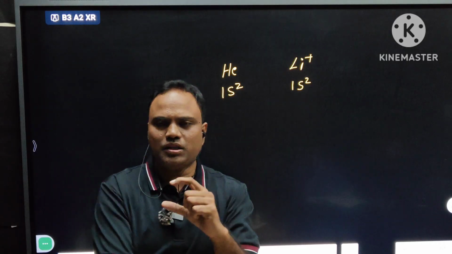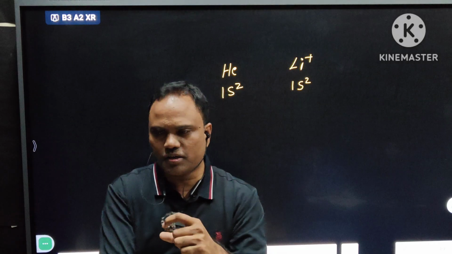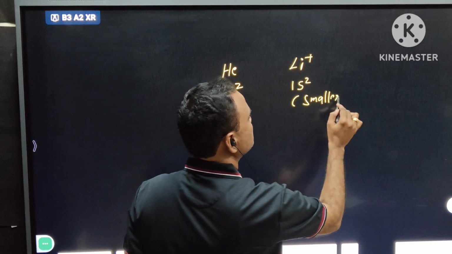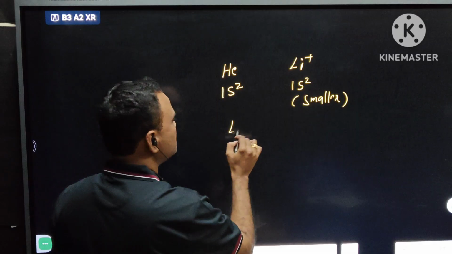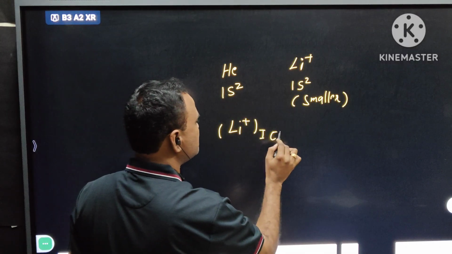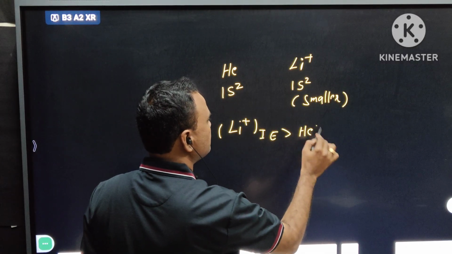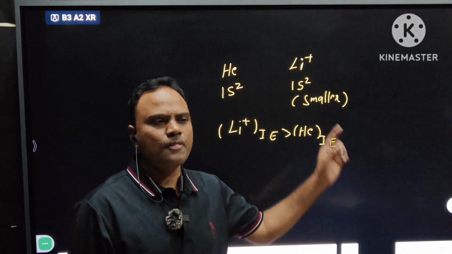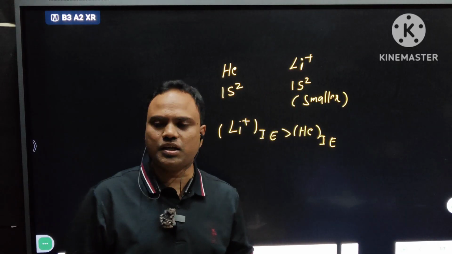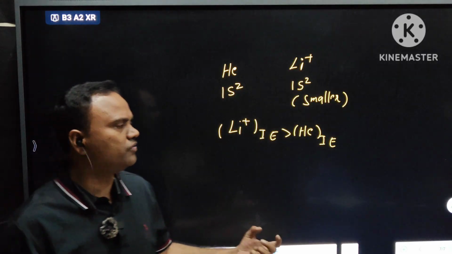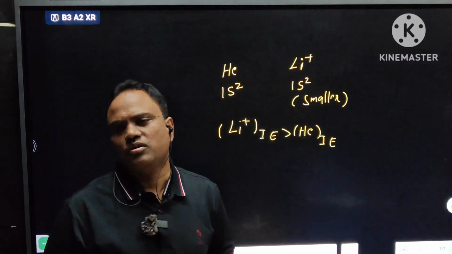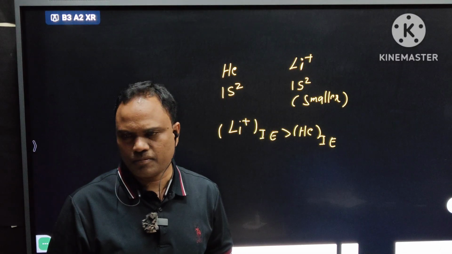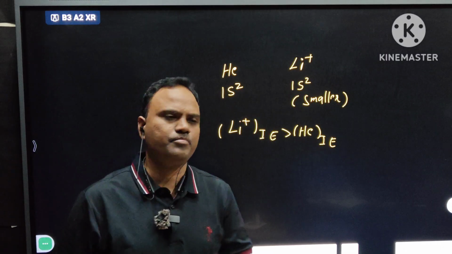The atom with a positive charge is the smaller atom. So lithium plus ionization energy is greater than helium ionization energy. Here electronic configurations are the same, but lithium plus size is smaller, because cation size is smaller. If size is small, we know ionization energy is more, right? Electronic configuration concept, no doubt.